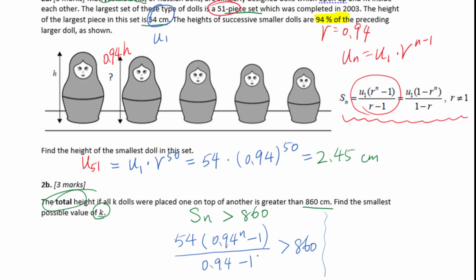We will use equation solver to solve this inequality. Move 860 to the left side. We will get 54 times 0.94 to the nth power minus 1, all over 0.94 minus 1, minus 860 greater than 0. Go to y equals.